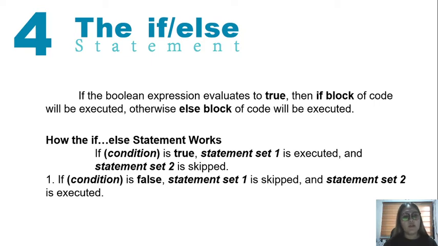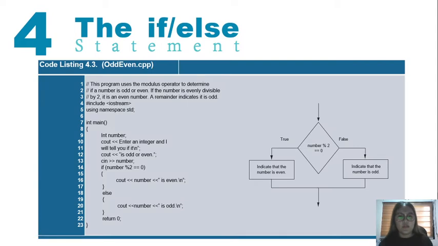So, how does the if-else statement work? If condition is true, statement set 1 is executed and statement set 2 is skipped. If condition is false, statement set 1 is skipped and statement set 2 is executed. Ito yung structure ni if-else.